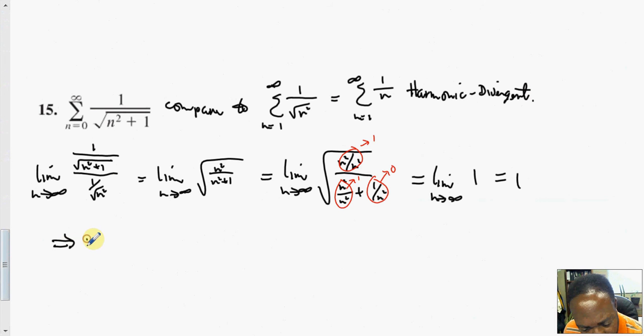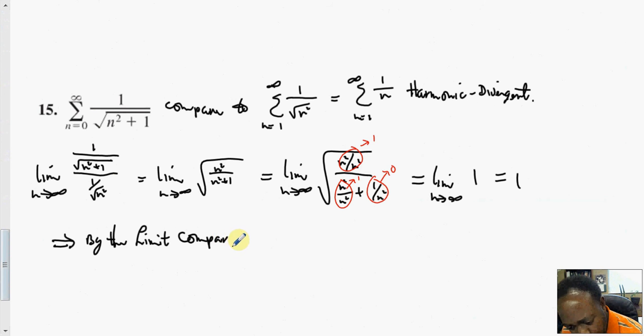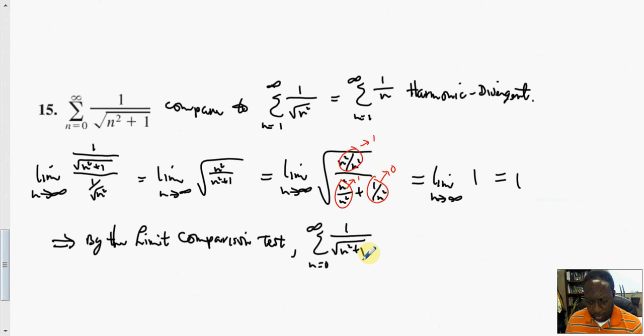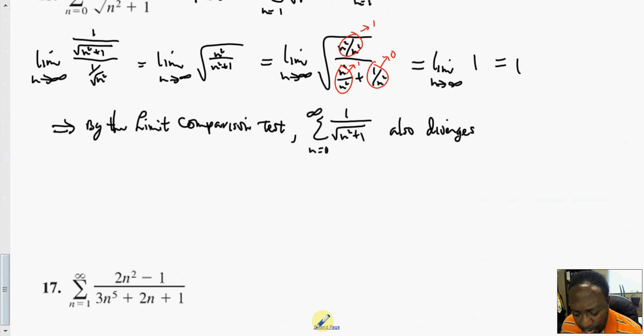So this implies that by the limit comparison test, this series here also diverges.